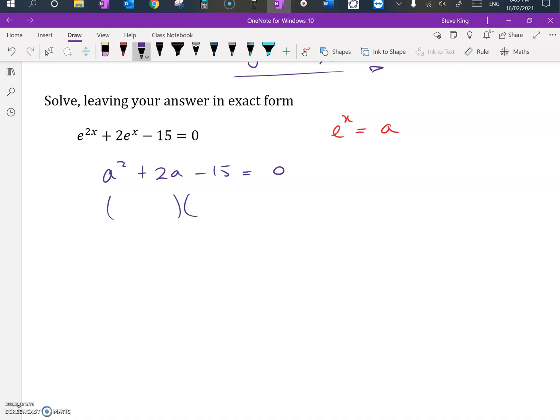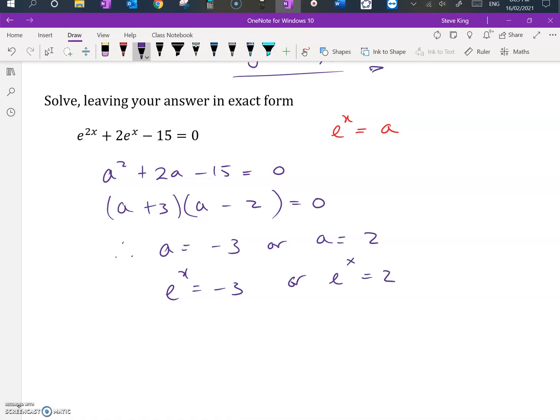And obviously I can factorize that to being (a plus 5)(a minus 3) equals 0, in which case a is going to be minus 5 or a is going to equal 3. And if I take that back, I'm going to say e to the x is going to equal minus 5 or e to the x is going to equal 3.